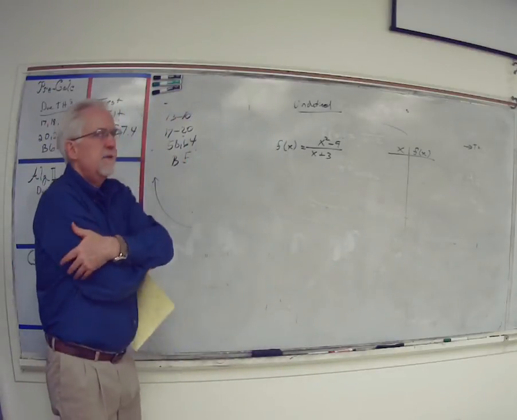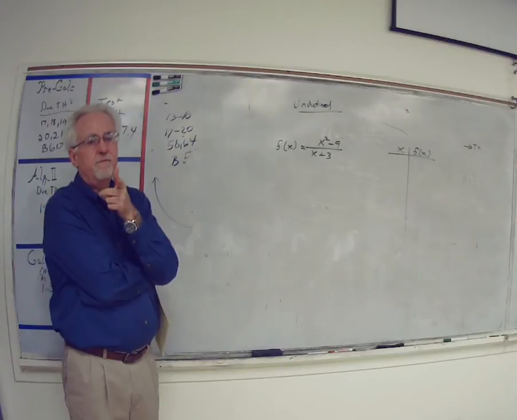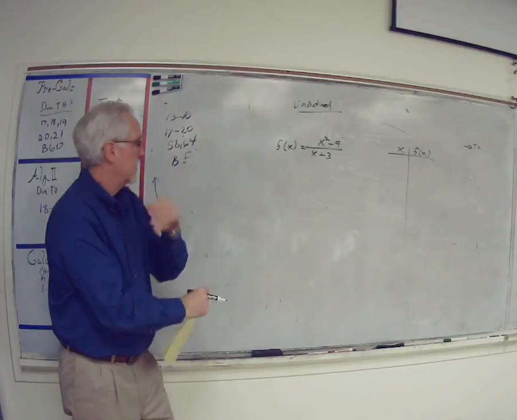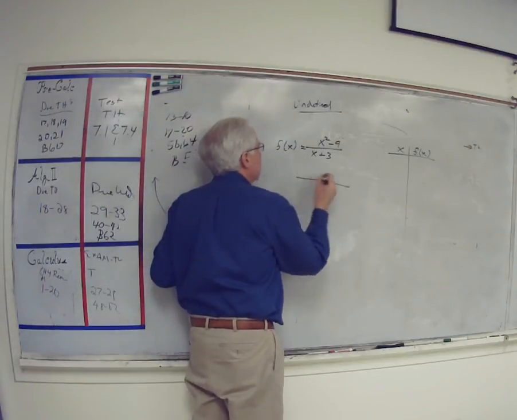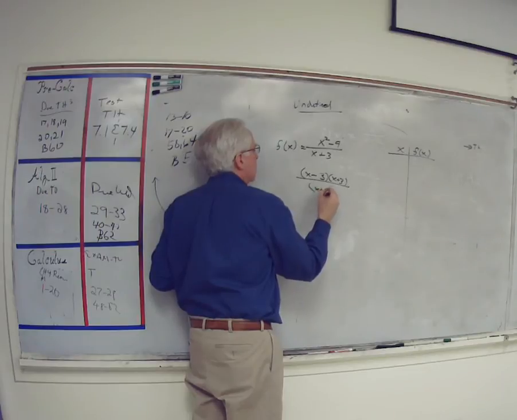Josie, in this case, tell me the first thing that you want me to do. Factor x squared minus 9. Right? And what is x squared minus 9? We call that a difference of perfect squares. And so that's going to be x minus 3 and x plus 3, over x plus 3.